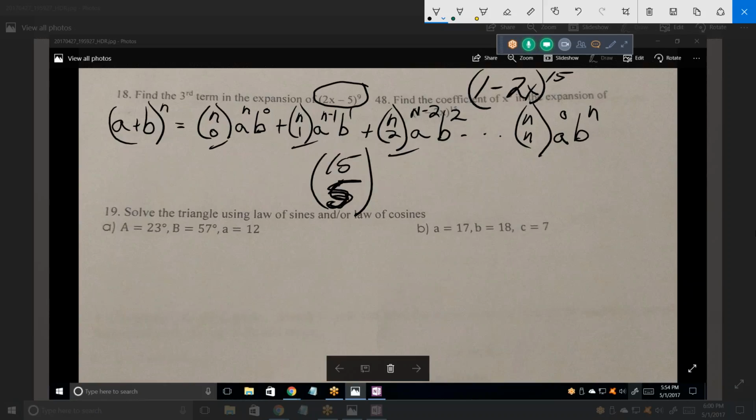Well, they want the x term. So I need the b term to be to the 6th power. So it would have to be n choose 9 times 1 to the n minus 9 times b, which is minus 2x to the 6th.